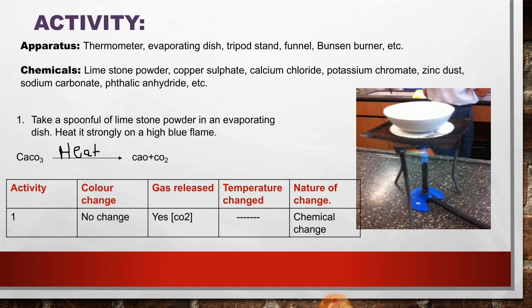What is limestone powder? That is calcium carbonate, CaCO3. If I heat it, I will get calcium oxide and carbon dioxide. There is no color change in this experiment and carbon dioxide gas gets released. The temperature doesn't change, and the nature of change, obviously it is a reaction, so it is a chemical change.